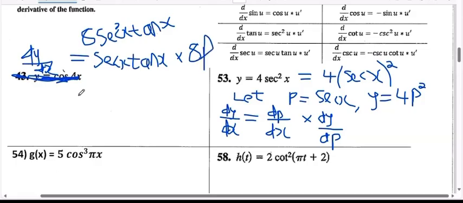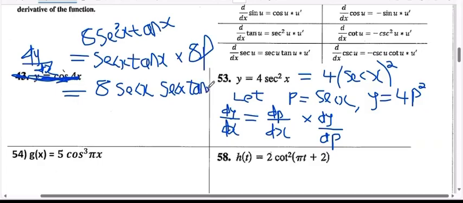If I want to write my final answer, now I'm going to write 8. So what is my p? p is sec x, right? So it means I'm going to have sec x, and here, sec x tan x.